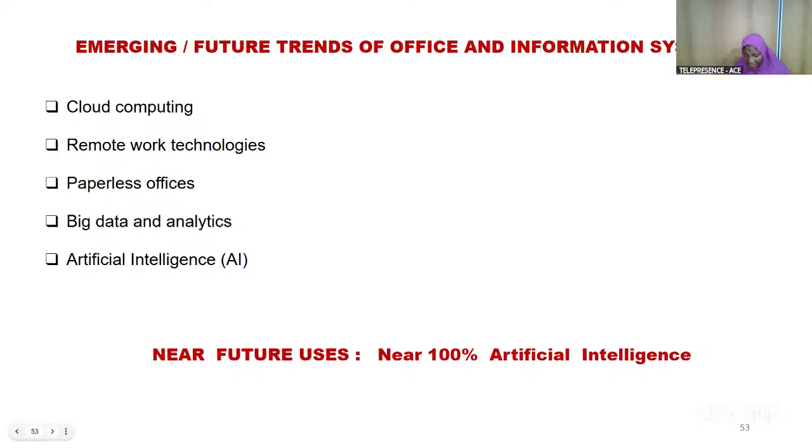Near 100% AI will have its pros and cons, because by the time we have so many things that we are not used to, there may be commotion in the land. But it's a pointer that people are working towards near 100% AI in the workplace.